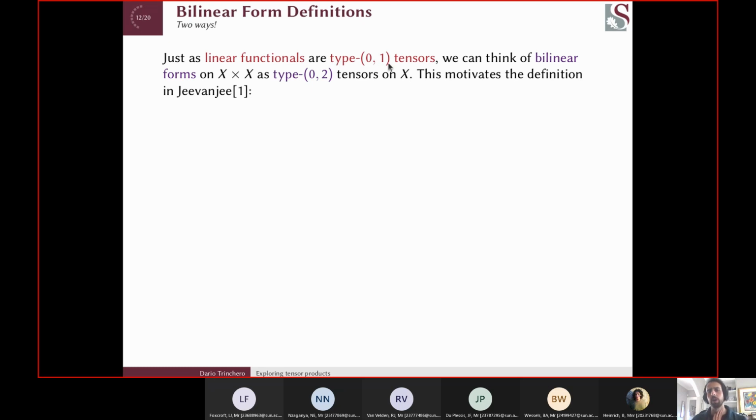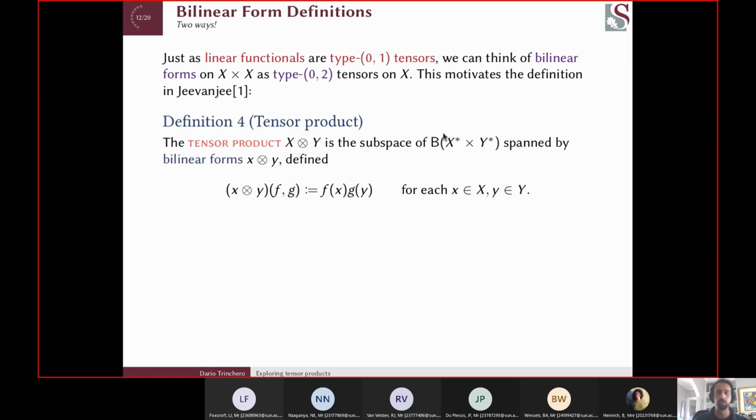So it should come as no surprise that, just like we thought of linear functionals as type (0,1) tensors, we can think of bilinear forms as type (0,2) tensors. And this actually motivates the definition of a tensor product given in G1G, one of the references I use. And this is actually used to define the tensor product. So we've kind of come full circle, right? We've observed that they behave in this way, and now we're using this as the definition. And that's sort of the theme for this talk.